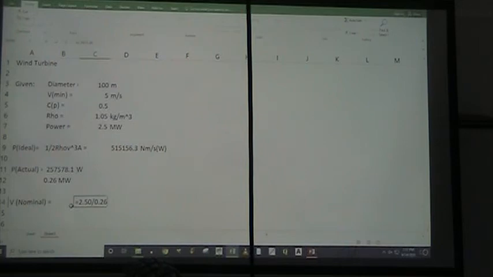That quantity needs to be raised to the 1/3 power. Okay, I need to put a left parenthesis there.